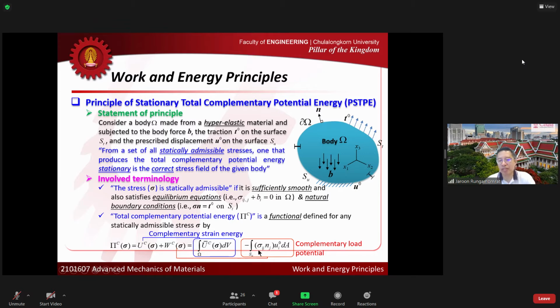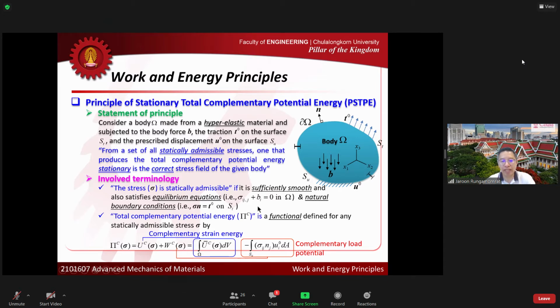You can think about this as the reaction traction. It's the traction generated on the surface where you know the displacement field. You take that traction and multiply by the displacement that you know here. That is simply the work done due to the reaction, and then you take the negative of that quantity and call that the complementary load potential.